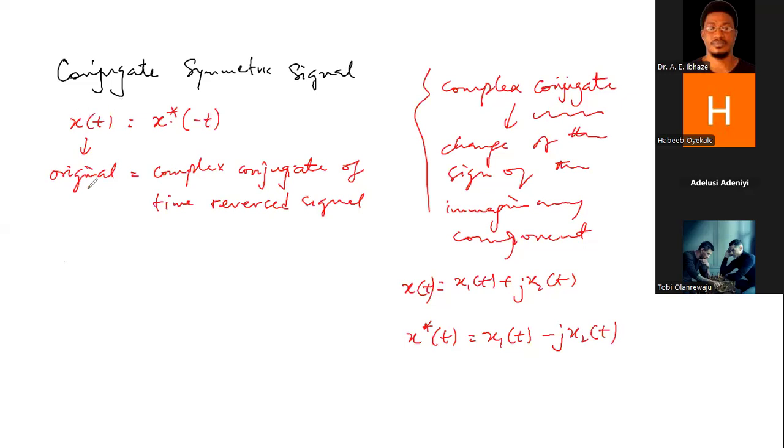We already know that when we have this asterisk added to it, it is a conjugate. So it's the same as the complex conjugate of the time reversed signal.